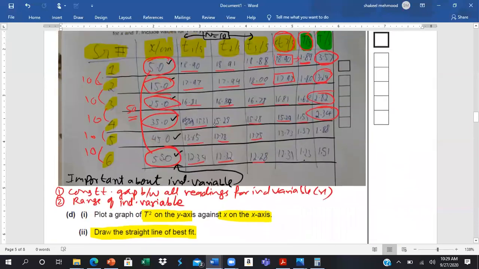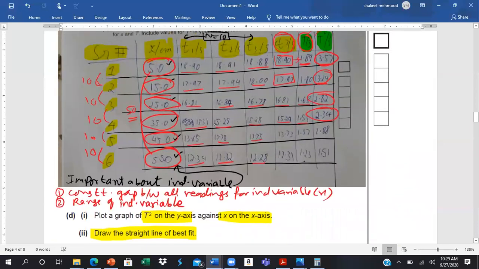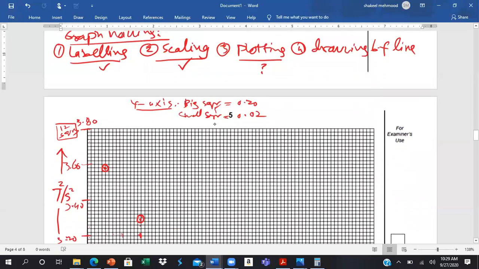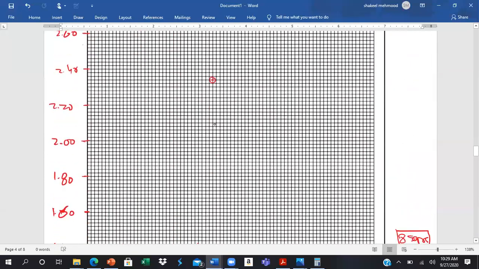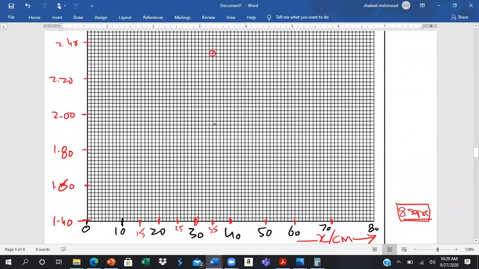It's taking too long now. For 45, it is 1.88, but we are at the end now. 45, 1.88. 1, 2, 3, 4, 5. So this is 45 and 1.88. 1.80 and 1.82, 1.84, 1.86 and 1.88. So this is the point.